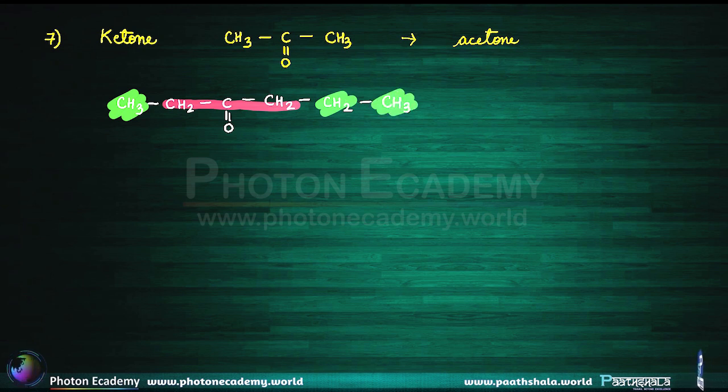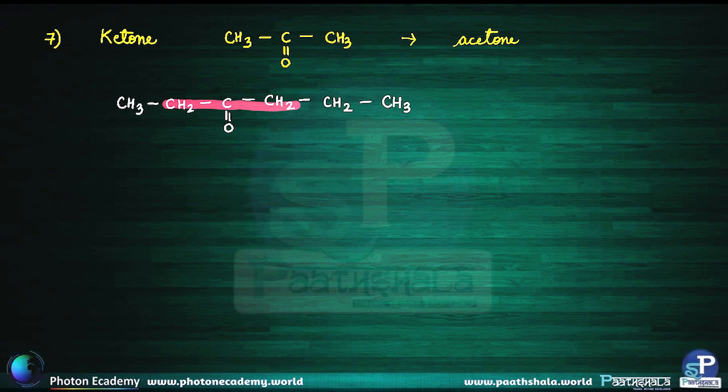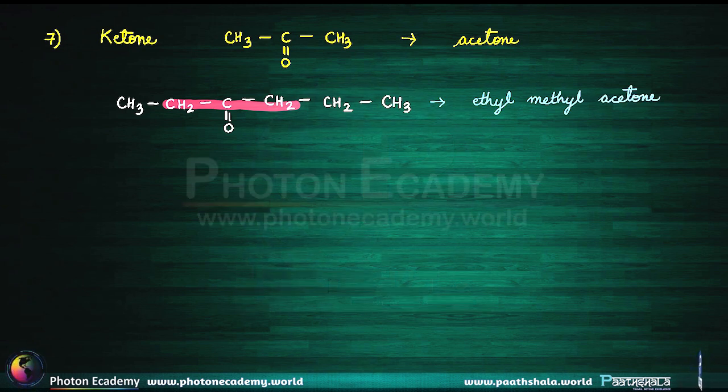So on one side it is connected to ethyl and on one side it is connected to methyl. So the name of this compound we can say is ethyl methyl acetone. So it is called ethyl methyl acetone.